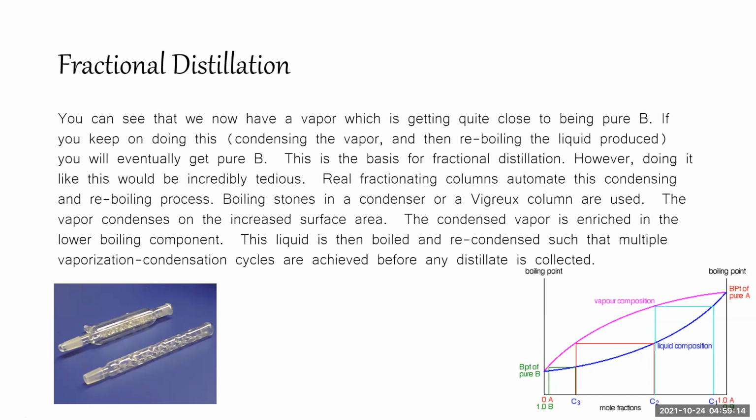So instead of condensing back in the original round bottom flask, it condenses in the column and is re-vaporized multiple times to go through multiple vaporization condensation cycles. And therefore, we hopefully would get much more pure compound B or cyclohexane coming out of the end of just one distillation.